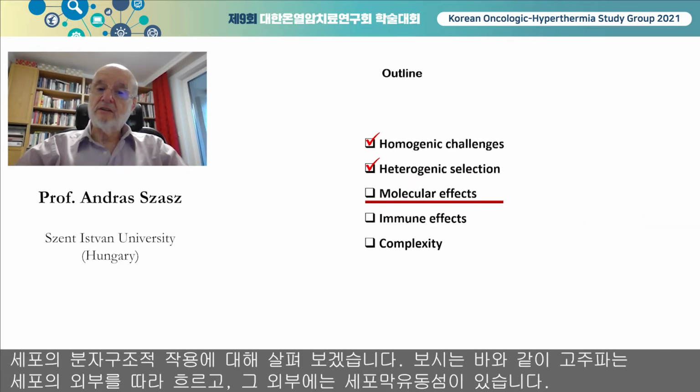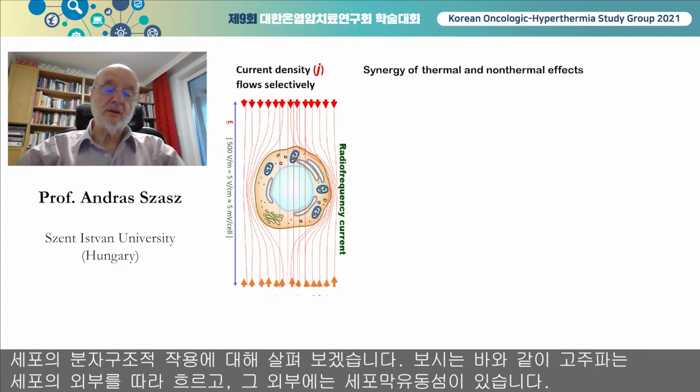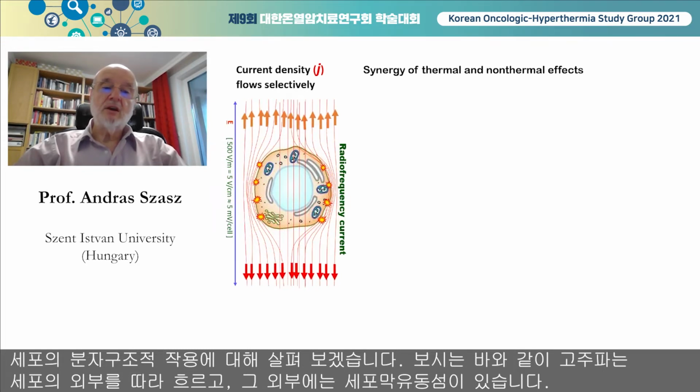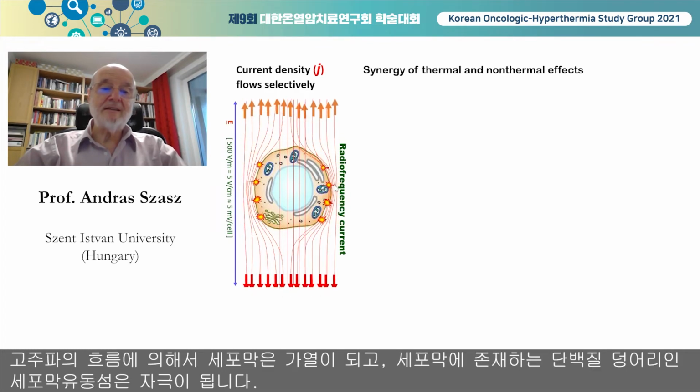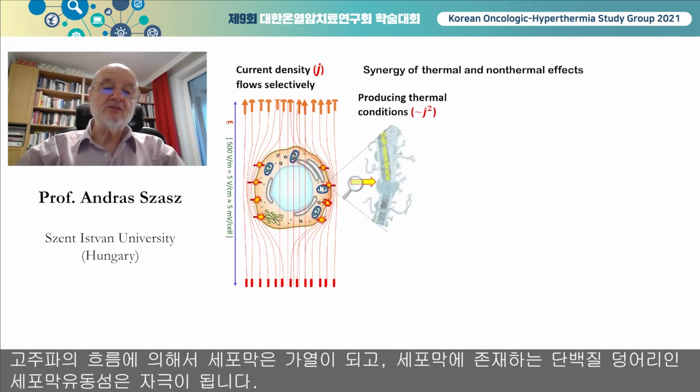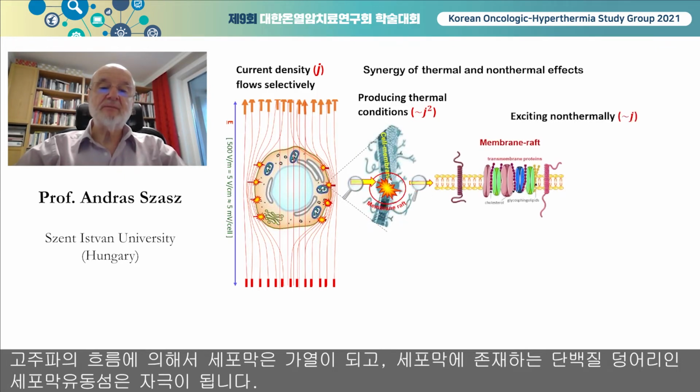So, we are ready for molecular changes which we can measure in the tissue selectively, molecularly. This is the current which goes around the cell, and only a small part inside, and then this excitation and heating makes thermal heat production in these membrane points, the rafts, and these rafts are clusters of molecules which are excited by non-thermal effects.